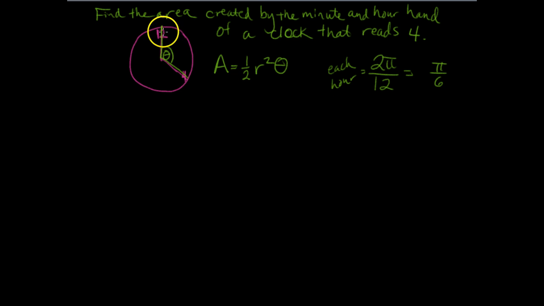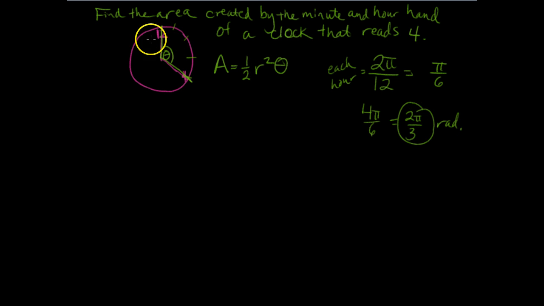How many hours do we have? We have 1, 2, 3, 4 right there. So that's equivalent to 4 pi over 6 radians, which simplifies to 2 pi over 3 radians.